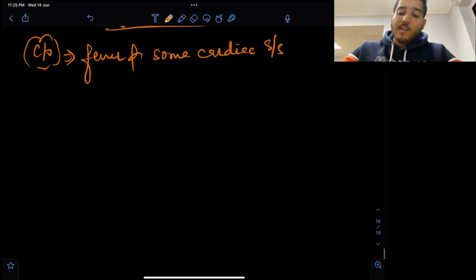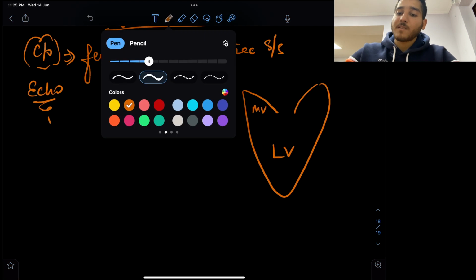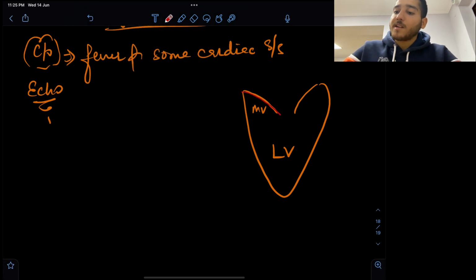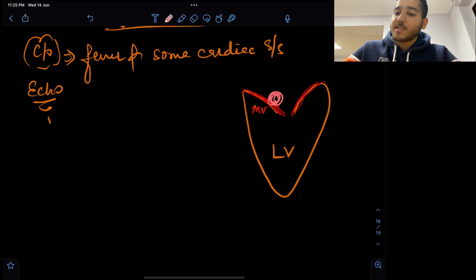If you suspect infective endocarditis, you'll do echo. In echo, there will be some valvular vegetation. Let's say this is the left ventricle and this is the mitral valve. The mitral valve has two cusps. On echo, you can get some vegetations present.